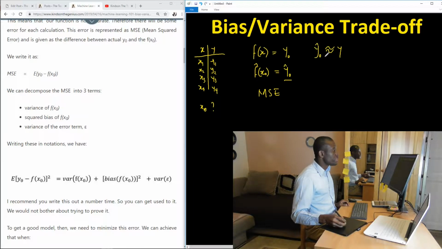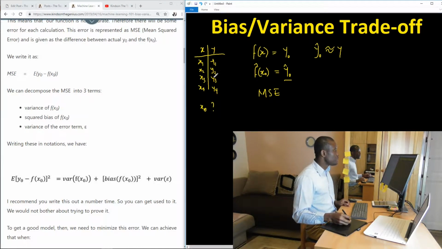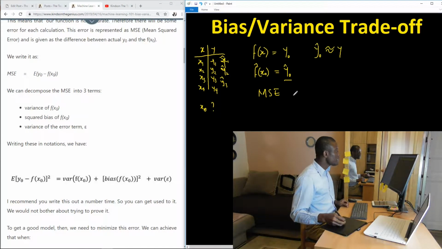This mean squared error is simply this minus this, squared, and summed over all the values that you estimated. In this case, we have y1 hat, y2 hat, y3 hat. So you sum up all the differences, all the errors, and you take the square of it. And that is called the mean squared error.